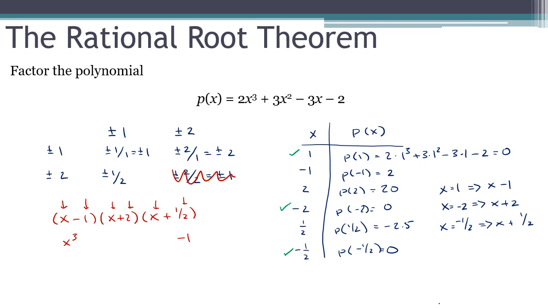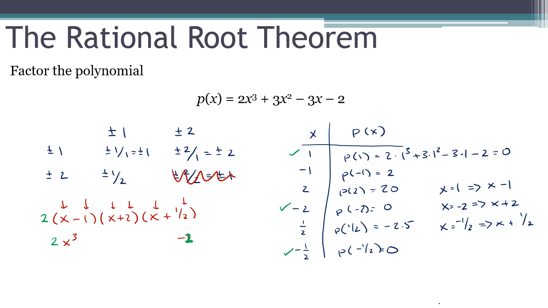I have a -1, I need a -2. That's telling me what that constant multiple is going to be, right? So if I take this polynomial and I multiply it by 2, now this would be 2x to the third and -2. Now it's going to work, right?